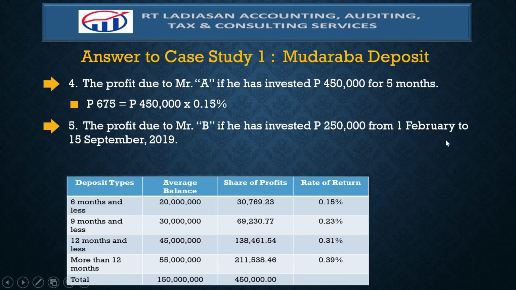And from February 1 to September 15, 2019, that belongs to a rate of return 9 months and less with a rate of 0.23%. Hence, the profit due to him is 575 pesos, which is simply the amount invested by Mr. B by the rate of return with respect to this type of deposit.